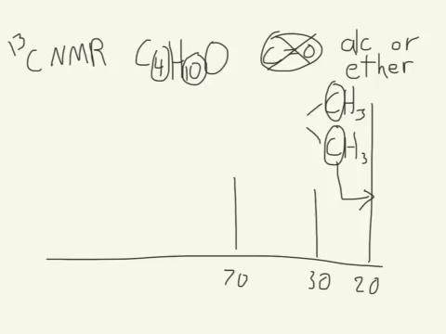So what can we logically conclude about the rest of this molecule? Well, these methyls are probably bonded to a carbon. If they were bonded to the oxygen, they wouldn't be giving a signal way over here. And you may be asking, well, how do we know they're not? Maybe the methyls are bonded to the oxygen and they're creating a different signal.